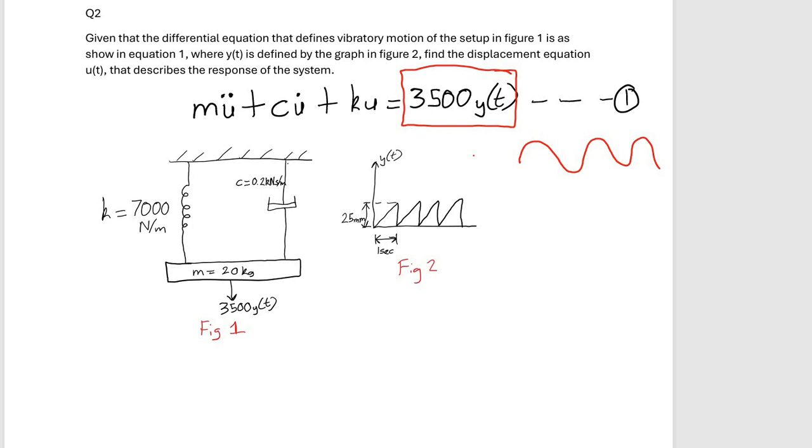If we can take a periodic function to a harmonic function, then we can use the general displacement equations that are already available for harmonic excitation. Let us look first at y(t).